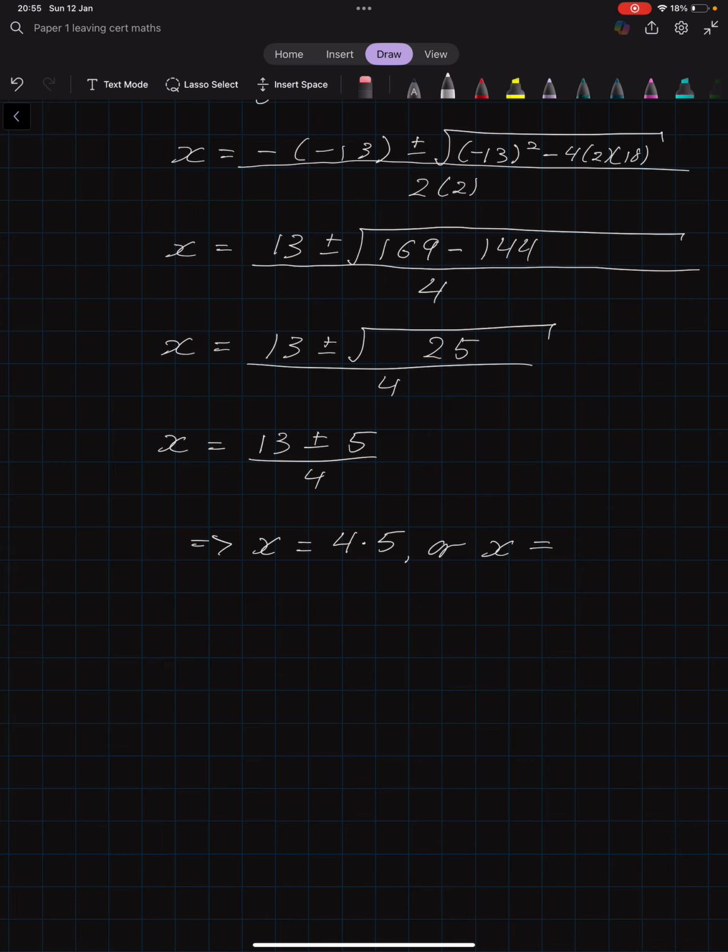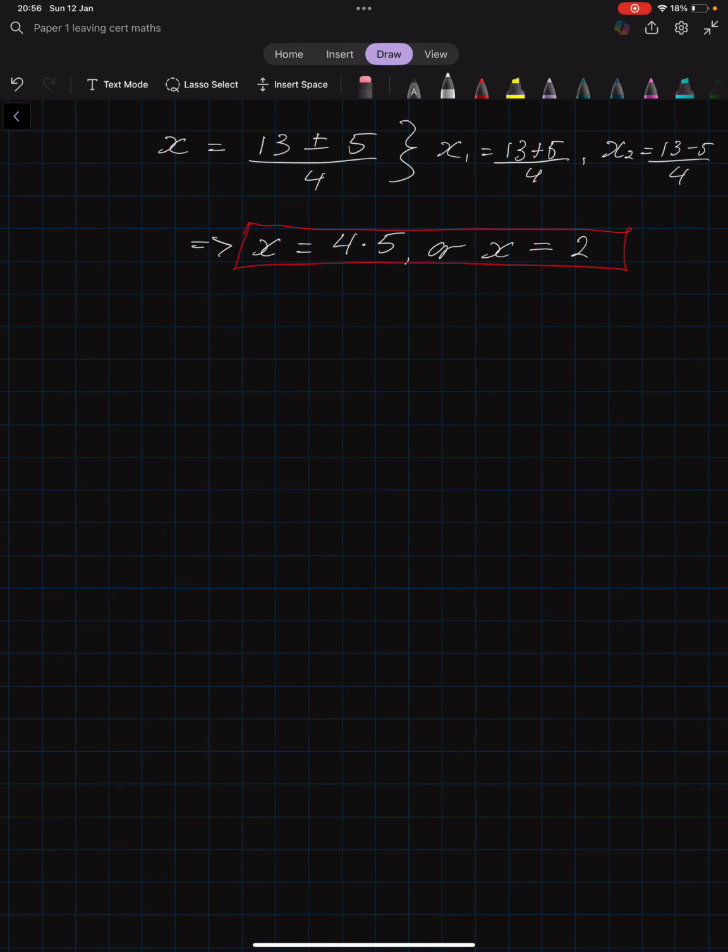What this notation means is that your first answer is 13 plus 5 divided by 4, and then your second answer is 13 minus 5 divided by 4. So you plus first and then you minus second, and that gives you your two values here. Okay, so hopefully that is not too difficult.